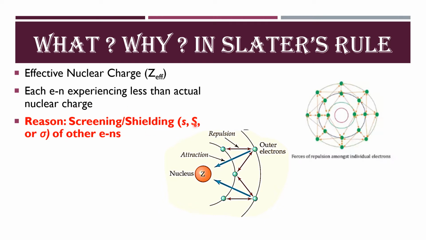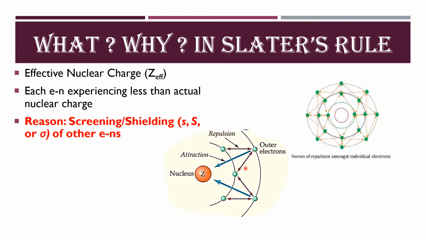The symbol is s, small s or capital S, or sigma, because of the shielding and the screening effect of the electrons. What is that? See here, this is the nucleus and this is the outermost electron. The nucleus attracts the outermost electron towards itself. But this is not happening fully because of the electrons in between the nucleus and the outermost electron. Why?